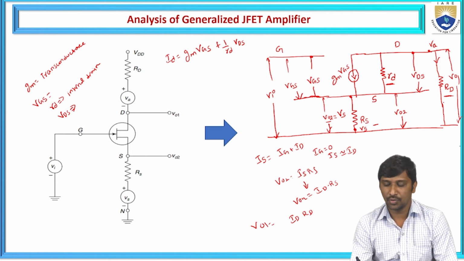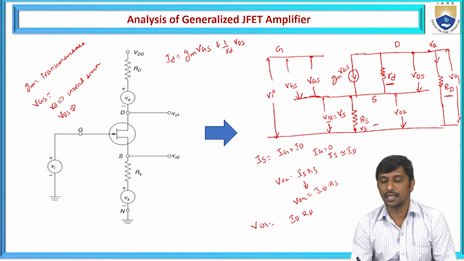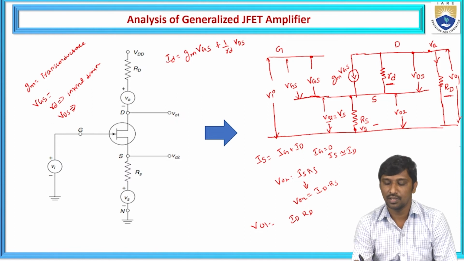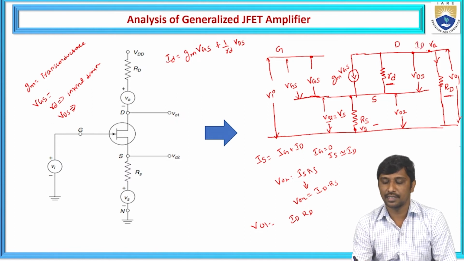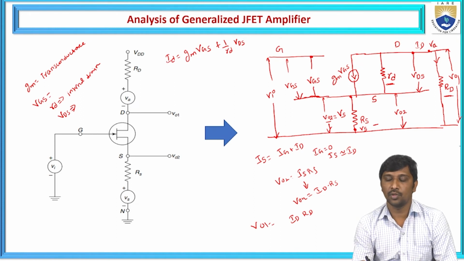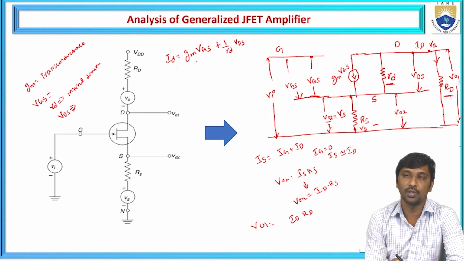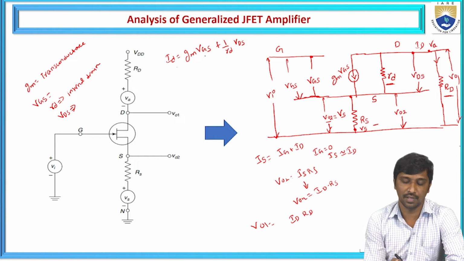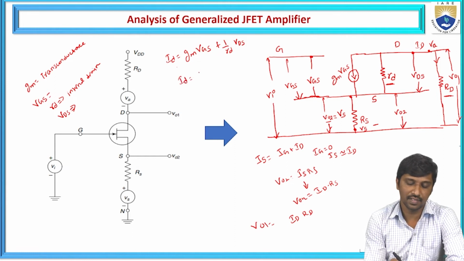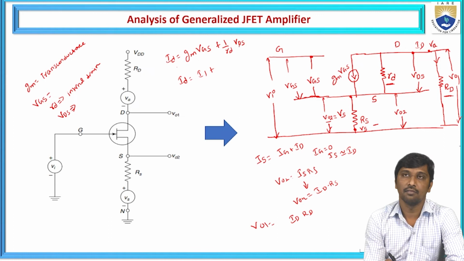How do we write the voltage drop across capital RD? We need to see which current flows. Here it is the drain current, hence ID times RD. Now we need to calculate the voltage drop across small rd. Let us assume ID is equal to gm times VGS plus VDS by rd.